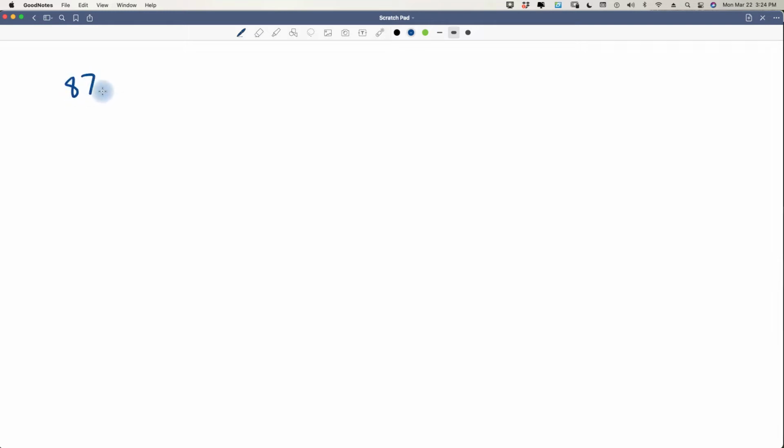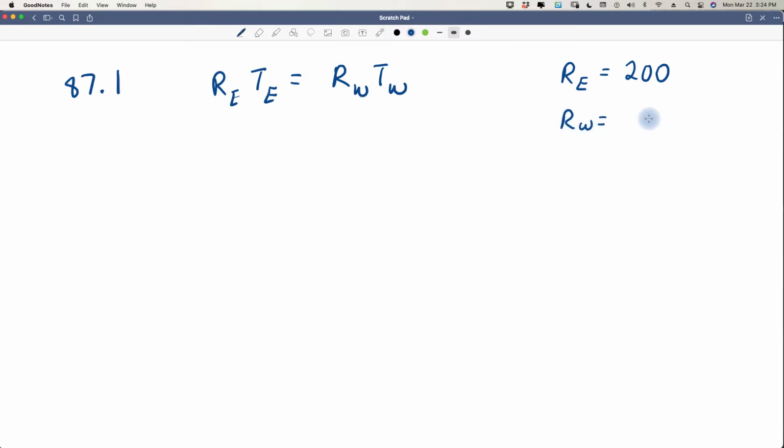So this is 87.1, and we are told RE times TE equals RW times TW, right? Then we're also told that RE equals 200 and RW equals 250.